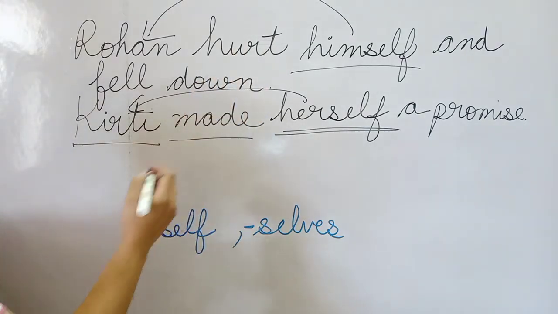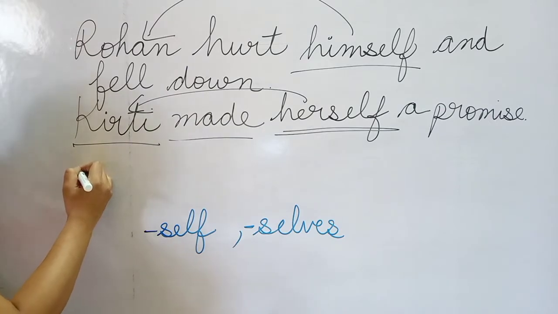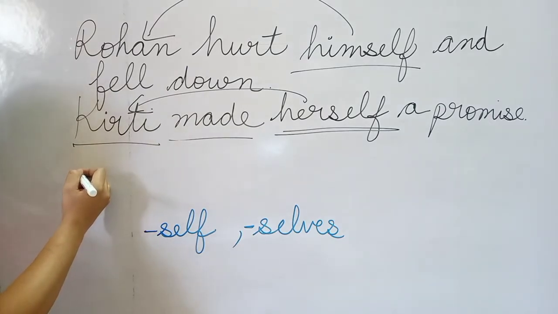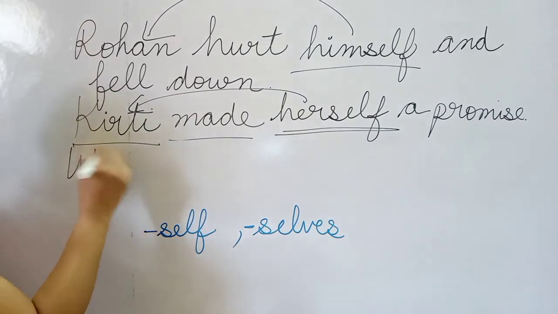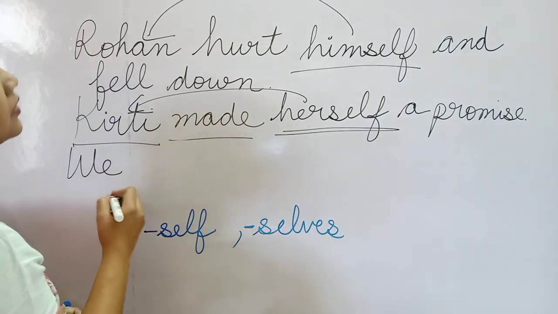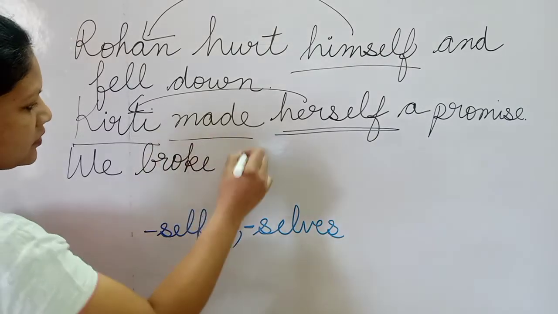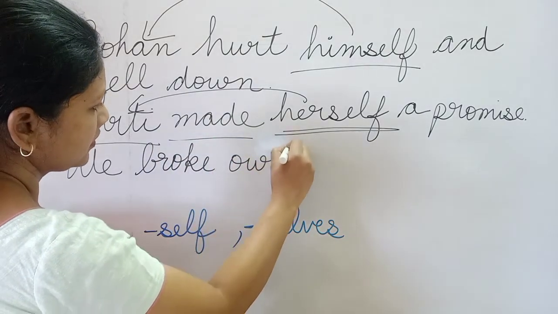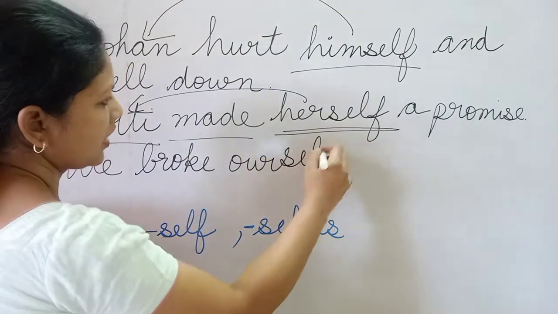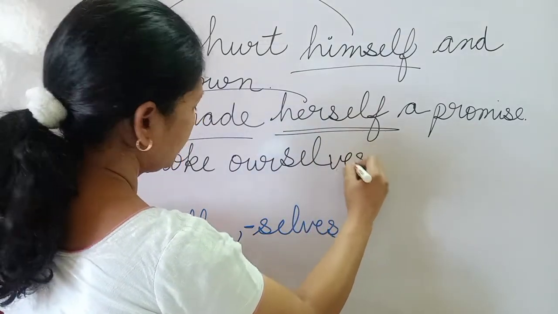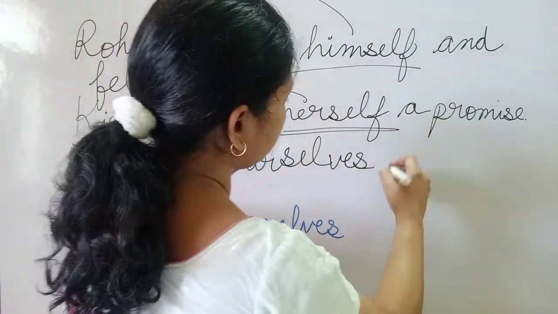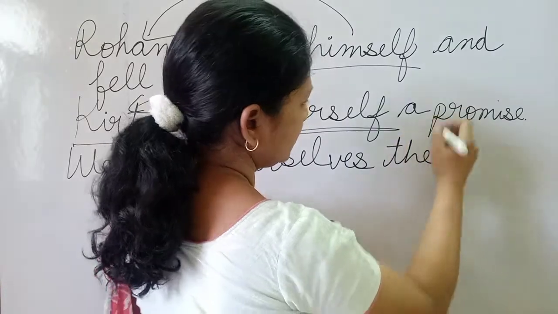Now for example, let us take a plural subject. Like, we broke ourselves the fence.